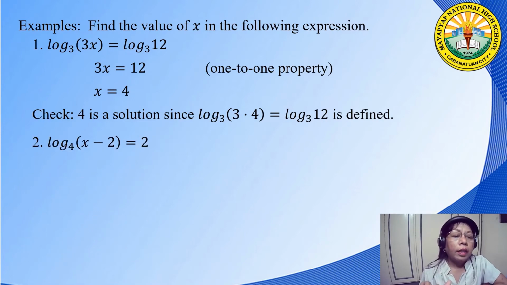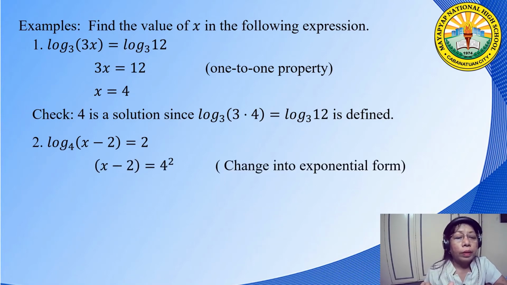Then, we have logarithm of quantity x minus 2 to the base 4 equals 2. So we have to change logarithmic form into exponential form. So we have the power, quantity x minus 2, equals the base 4, then the exponent is 2.